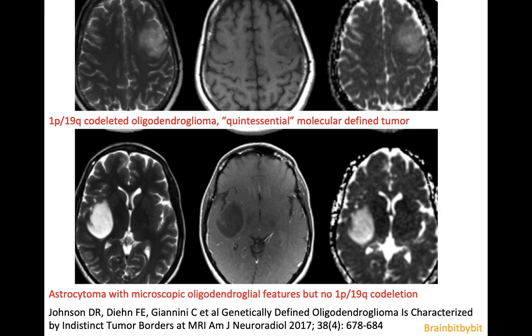There was an interesting article in 2017, 1 year after the WHO update from 2016, where they made the oligodendroglioma a molecular definition, and they looked at the imaging features, and 1p19q codeleted oligodendrogliomas have indistinct borders, whereas astrocytomas that microscopically have oligodendroglial features are more sharply demarcated. So if you would like to predict on imaging the molecular status, the ill-defined border can be helpful.